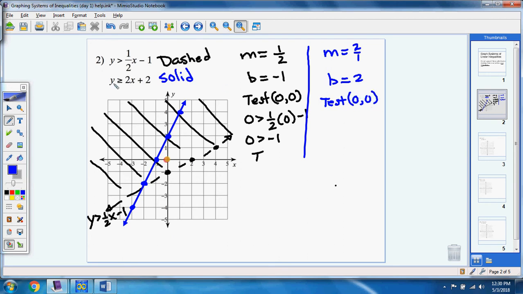On the original problem, 0 is greater than or equal to 2 times 0 plus 2. 0 is greater than or equal to 2, and that is false. So for my blue line, your second line, I got a false statement. So again, I'm going to go ahead and do my shading.